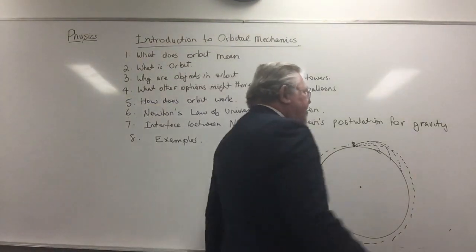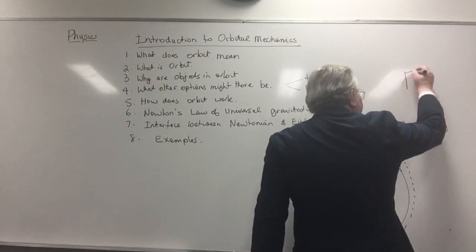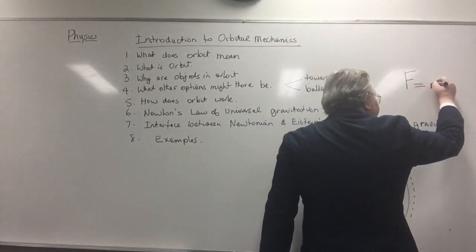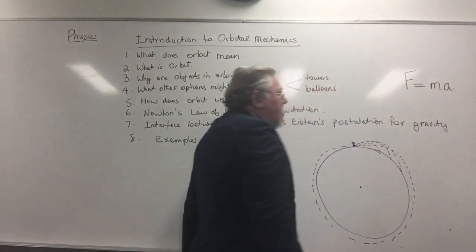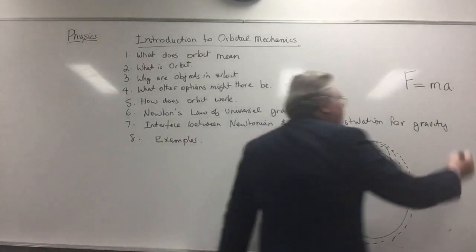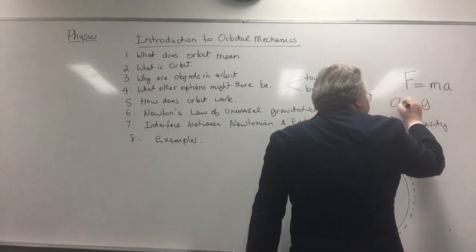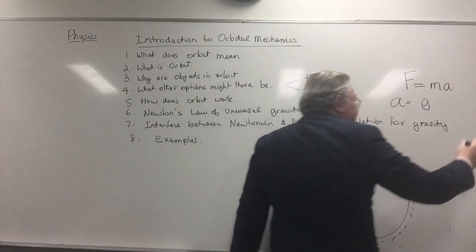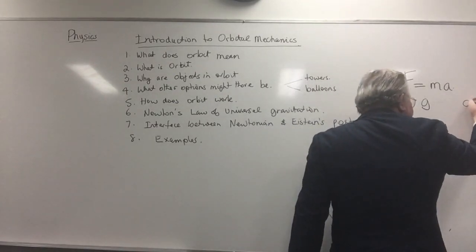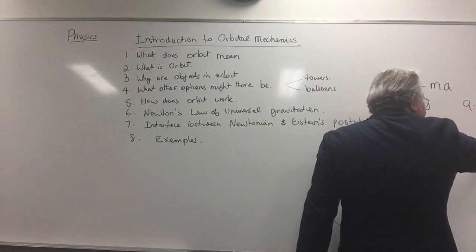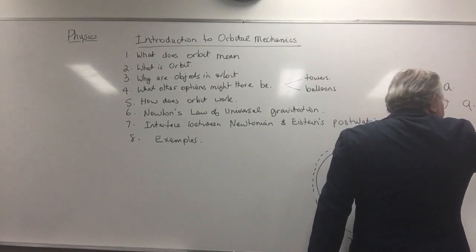So Newton came up with his second law, F equals ma, where a is equal to g, and g is calculated at 9.8 meters per second squared.